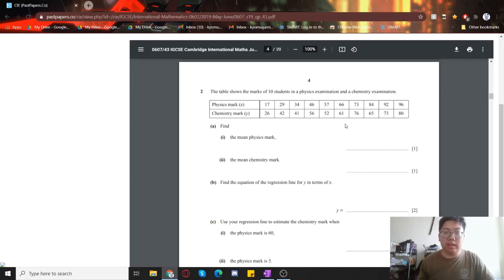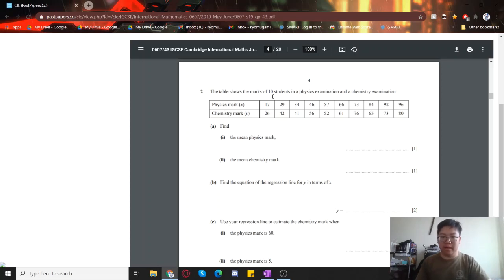Alright, so let's see, mean physics mark. Let's do stats. Okay, so the mean is about 66.48. If you're not sure how to do this, of course you can do the standard way, which is adding up all the physics marks and dividing by 10, which is the total number of students.